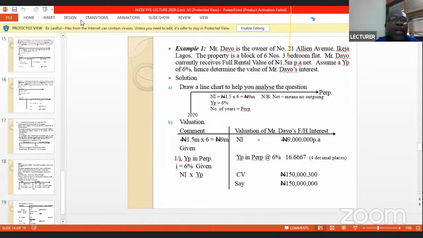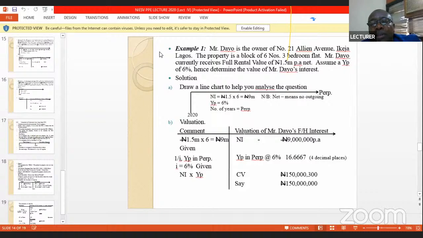So because of that, it will not be necessary to deduct other outgoings because the rent is net already. You will also see that under the YP column, under that line chart, we wrote 6%. The reason is because the question gave us 6%.